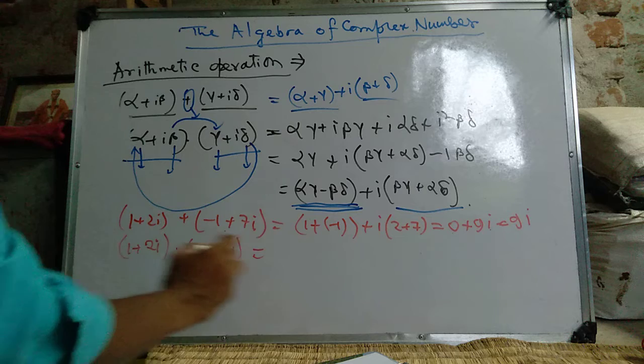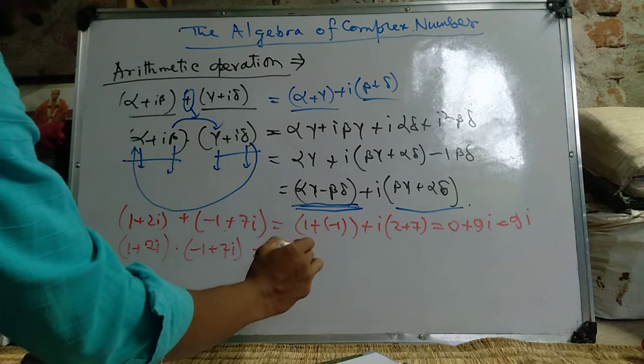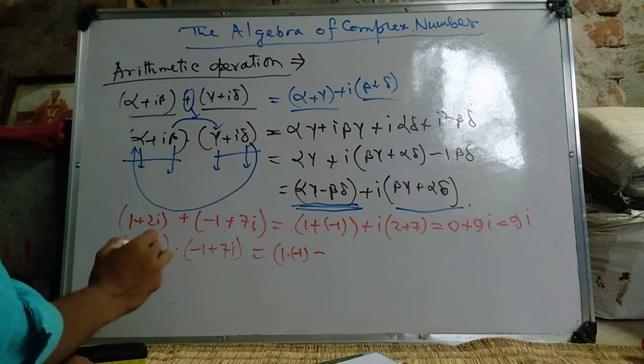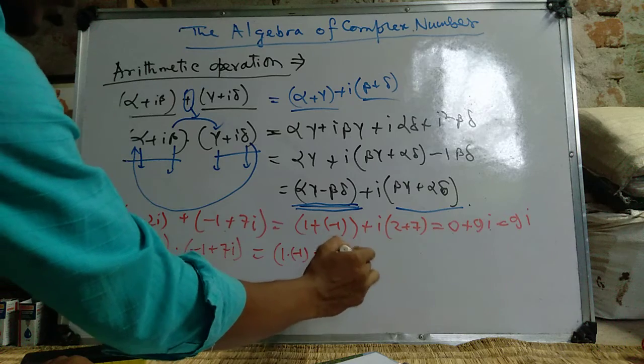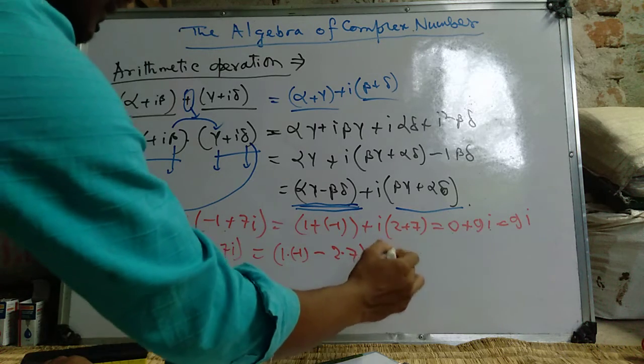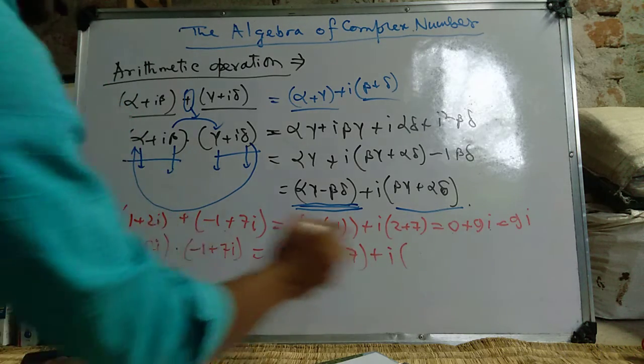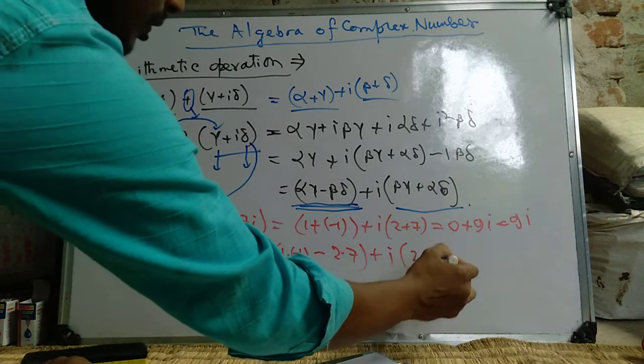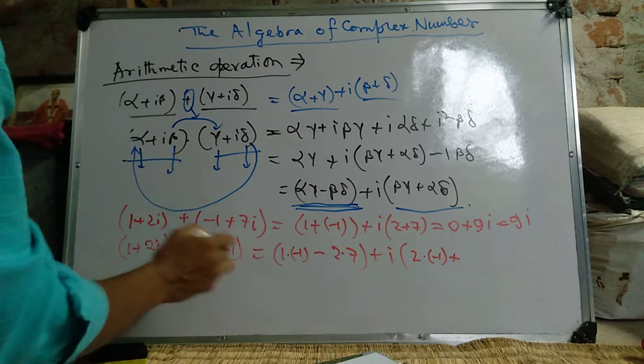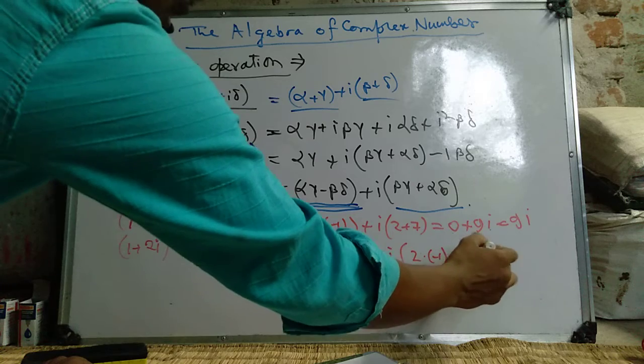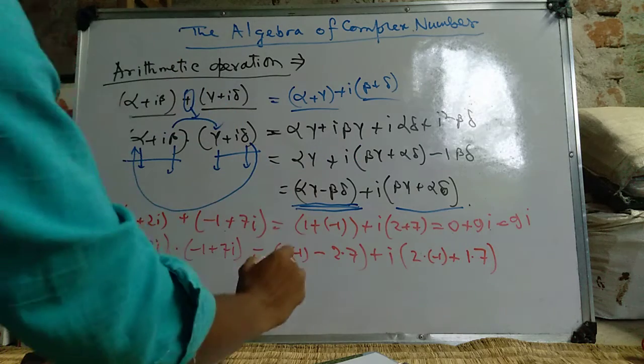So what we do: 1 multiplied by minus 1, minus 2 multiplied by 7, plus i multiplied by 2 multiplied by minus 1, plus 7 multiplied by 1. Okay, then what do we obtain?